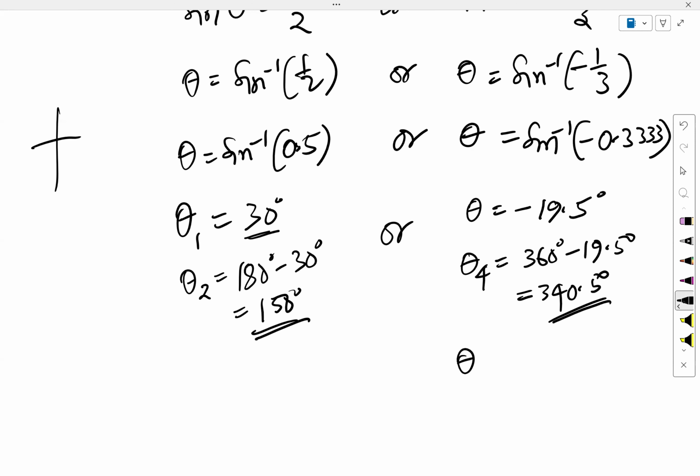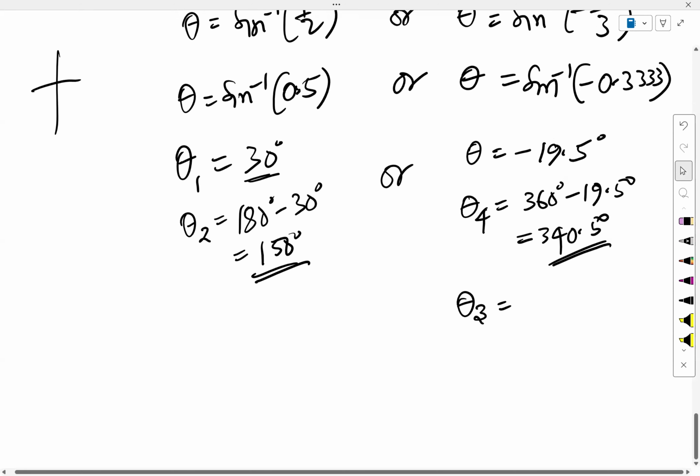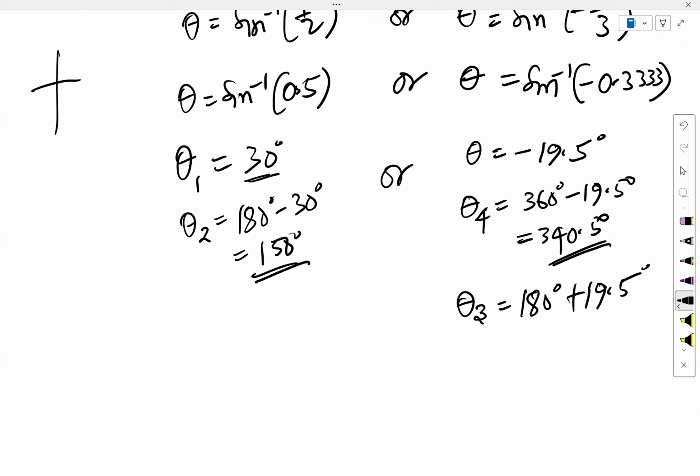And in the third quadrant, it's just going to be 180 degrees plus 19.5 degrees. So that is 199.5 degrees.